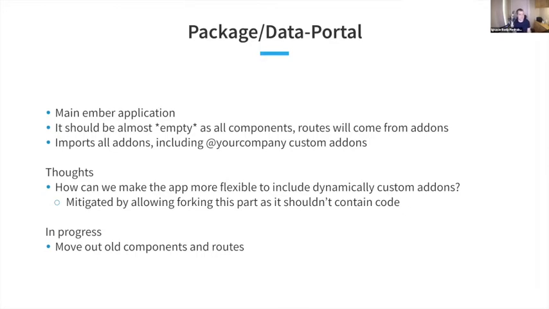For now we mitigate it by making it very thin and lightweight, so there's not much to have conflicts on. And if you look at the code, you will see that there are some components still out there. So what we're doing right now is trying to move all of these outside. It's taking its time, but we will get there.